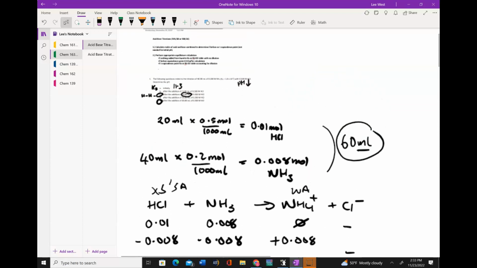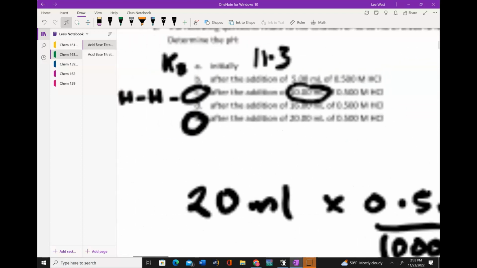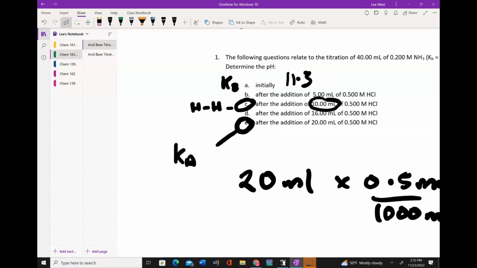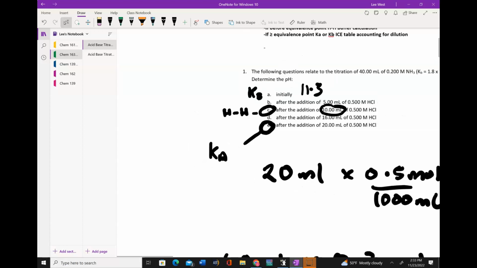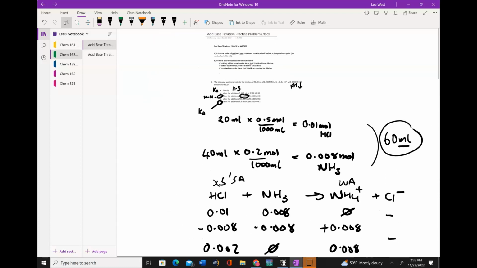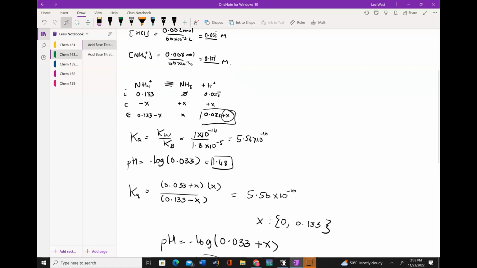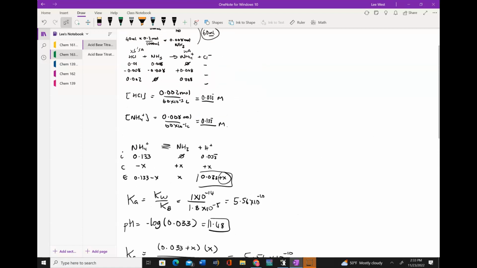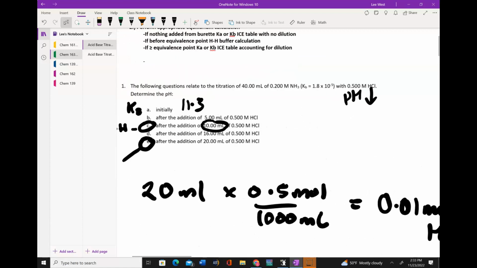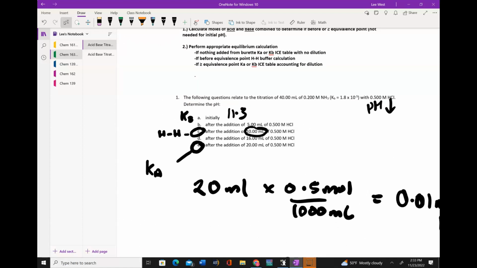So we saw all three types of problems here. We got what we were expecting, which was the pH was just going to continue to decrease as we go down. We started at 11.3 and then it went all the way down to 1.5, so that's good. Before we added any acid from the burette, we just did a straight up regular Kb ICE table.